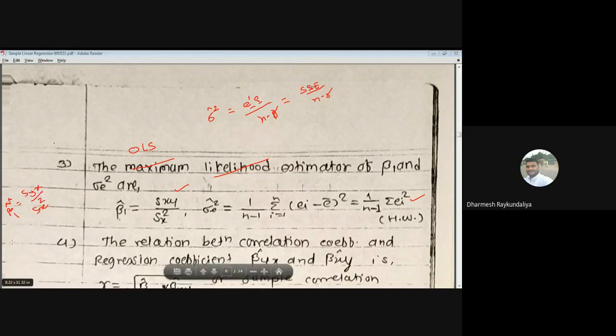But when you find the ML estimate of sigma square, it is SSE upon n, not n minus 1. Why here is there a loss of 1 degree of freedom? Because we need to estimate only one parameter independently. Beta 0 cap you are estimating by using this formula, so you have to estimate independently only one parameter, beta 1. That is why you are losing 1 degree of freedom.